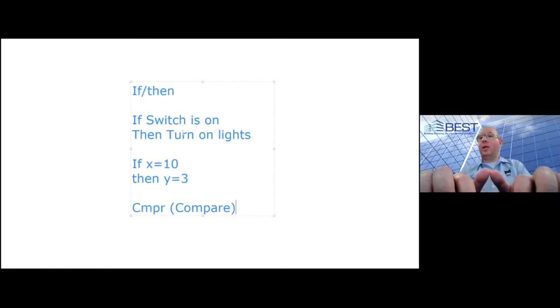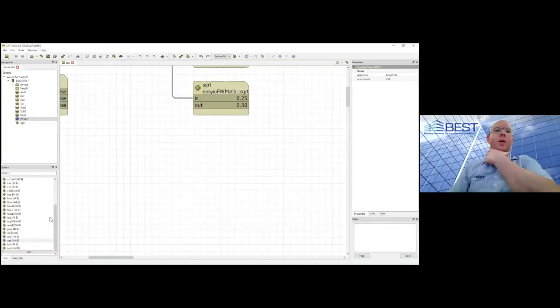And more advanced, we could also use the Tstat function, which gives us some additional functionality. And we can also use SW blocks or switch blocks. We'll start with a compare block. So compare is going to be in our control library, and it's CMPR.